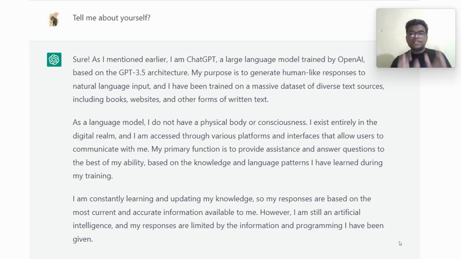GPT-3 and 3.5, when I was working on language models, I got to know all of them. I listed all those language models like GPT-3 and GPT-3.5, and I was working well with the BERT model. This introduction made everyone look at another side of artificial intelligence, that is nothing but ChatGPT.